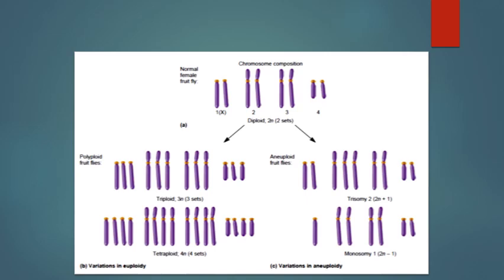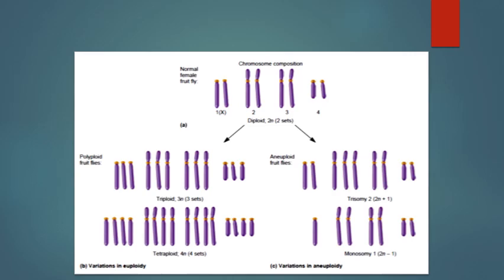Instead of being perfectly diploid 2n, a trisomic animal is 2n plus 1. By comparison, a fruit fly could be lacking a single chromosome, such as chromosome 1, and contain a total of 7 chromosomes, 2n minus 1. This animal is monosomic and described as having monosomy 1.